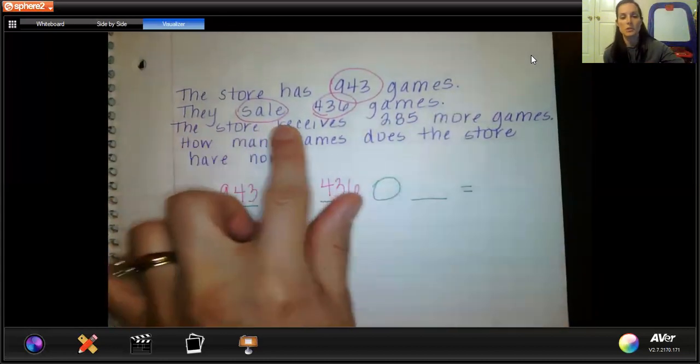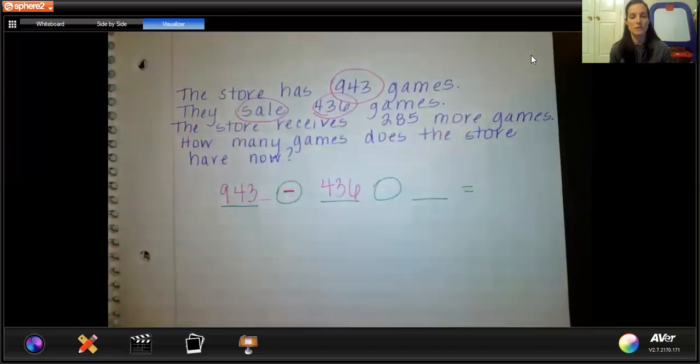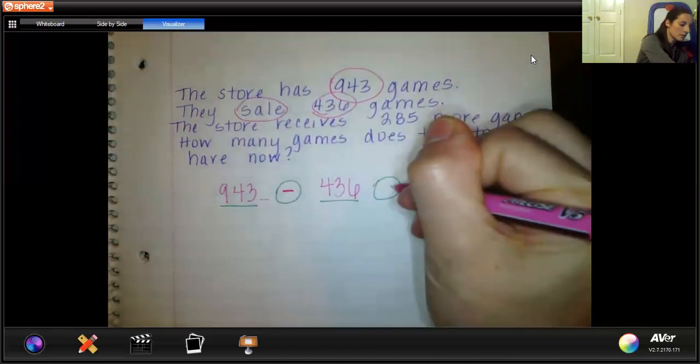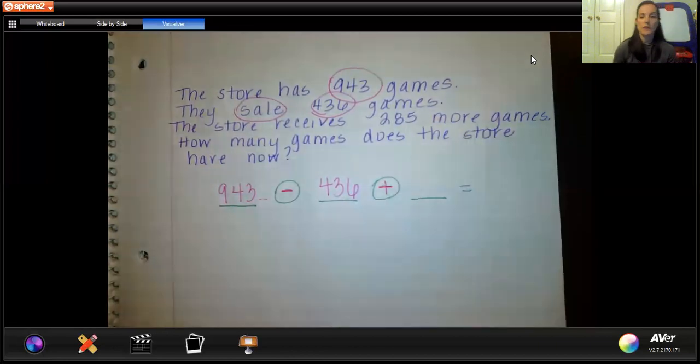If the store receives 285 more games, that means they were given to them. So they are going to add to how many games they have. So it's very important to look at the words in your word problem to see if you are going to add or if you're going to subtract.